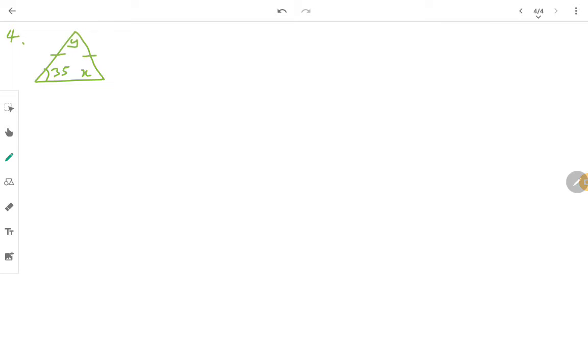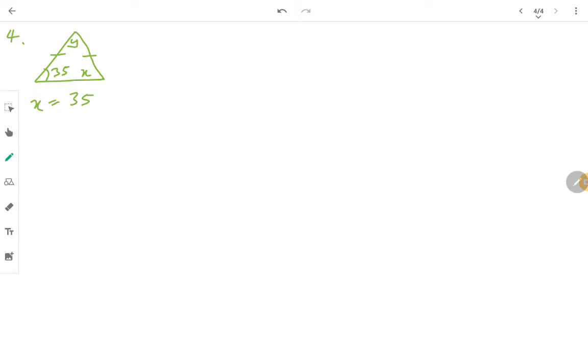All this is all revision from grade 8. So if you look at this, our x here is equal to 35 degrees.